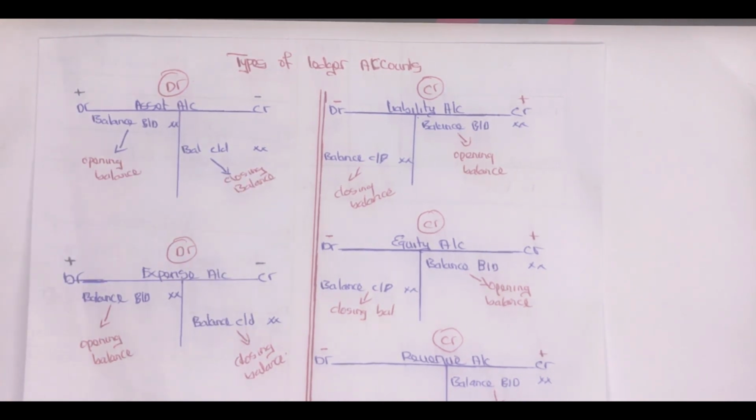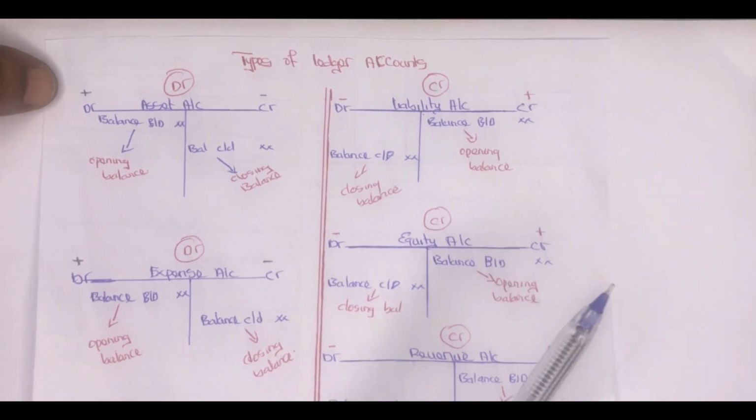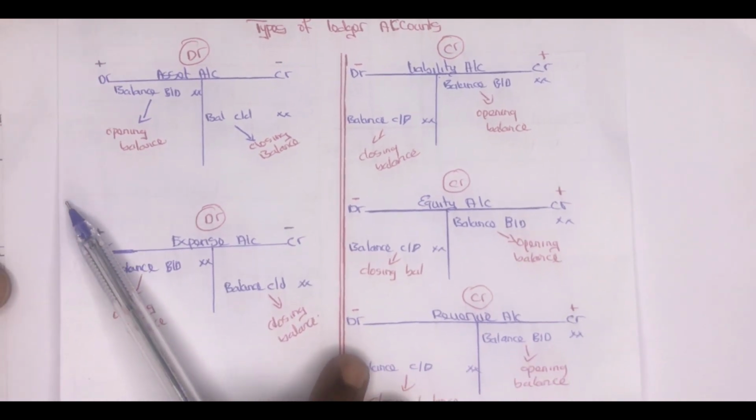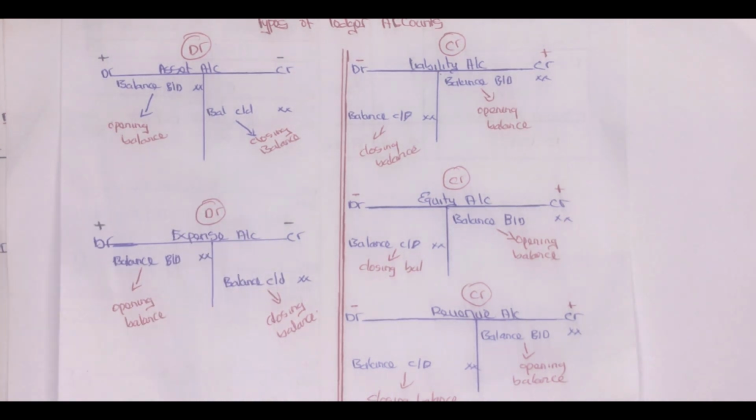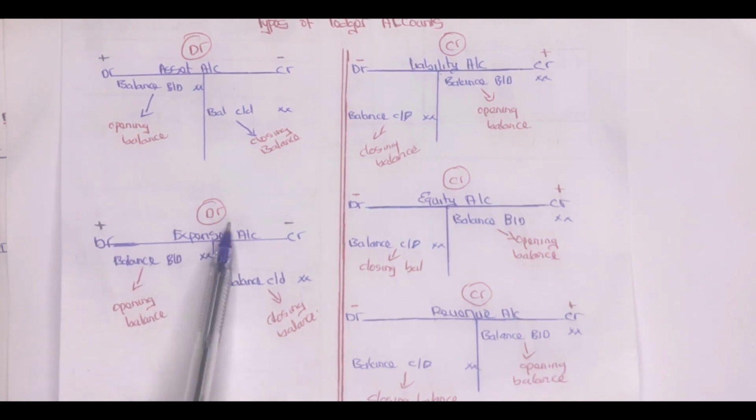We also have expenses. Say we bought furniture, and then we had to pay for transportation. Transportation is an expense. Rent is an expense. Salary is an expense. You are going to write the name of the expense account here.